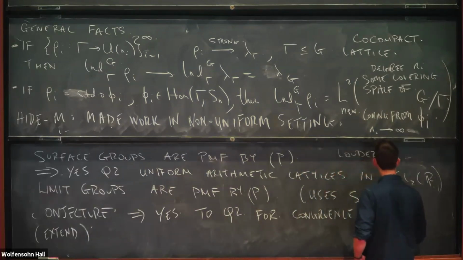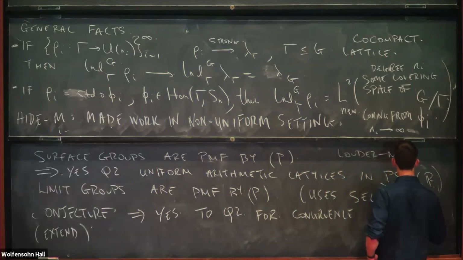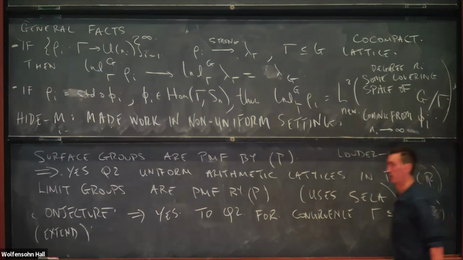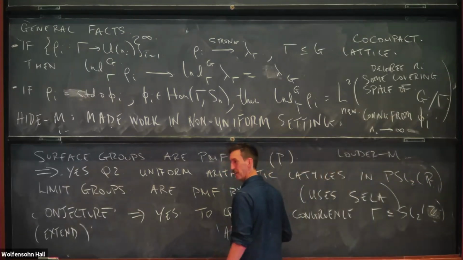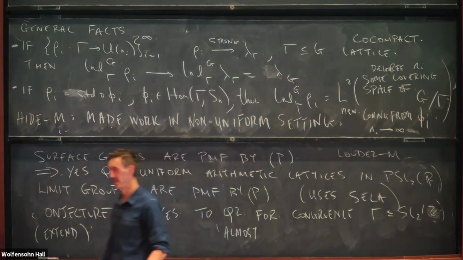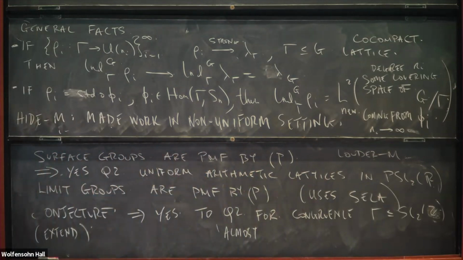Gamma in SL2Z, SL2R, I can say SL2Z, which is almost Selberg. Some congruence lattices rather than all. Yeah, I'm just doing primes, right?